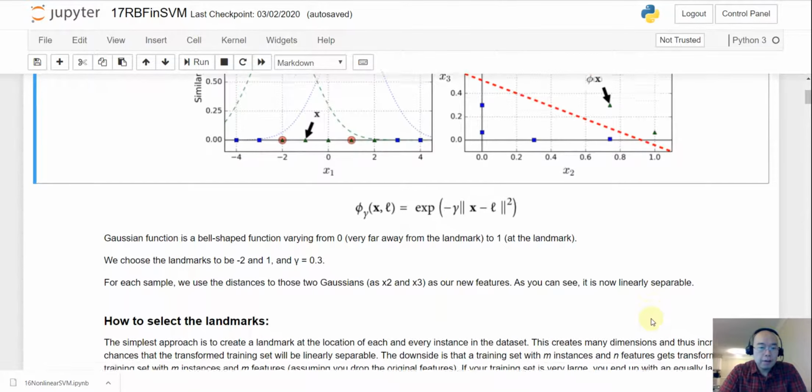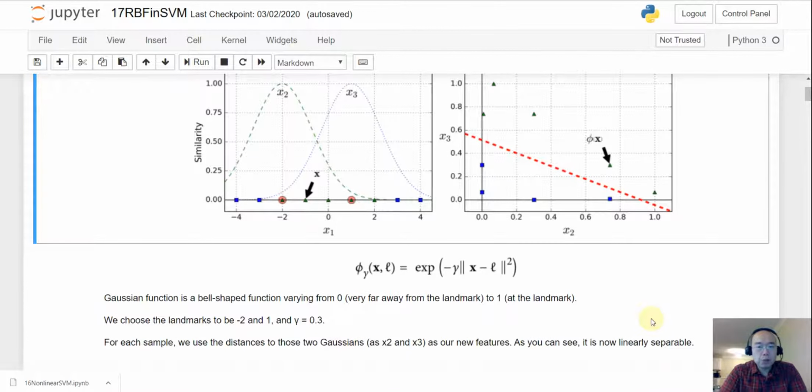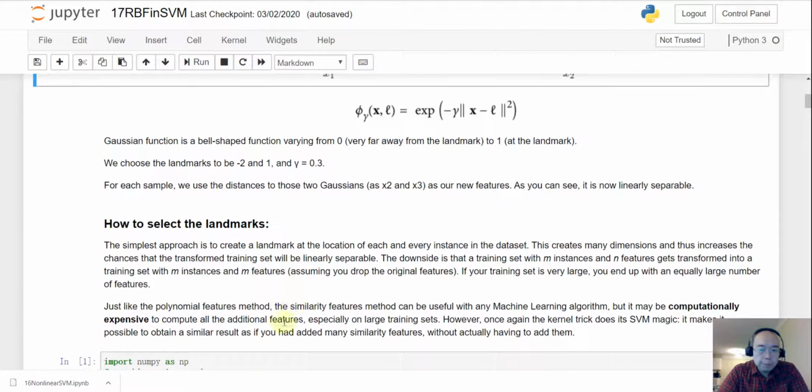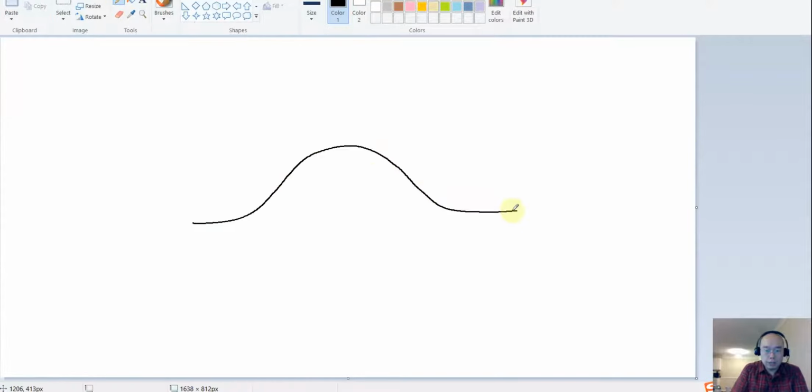Another thing we want to discuss is, when we are drawing the Gaussian curves, there is a very important hyperparameter called gamma. Here, if we draw a Gaussian curve, it can be like this. So this is a very, very fat Gaussian, right?